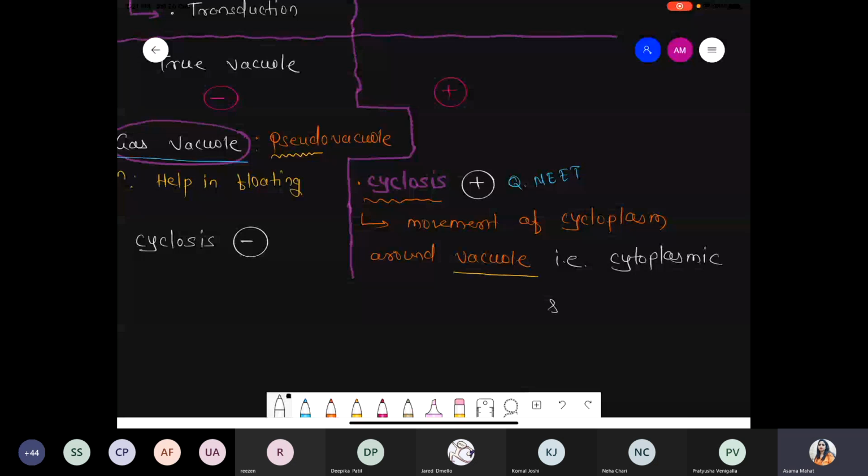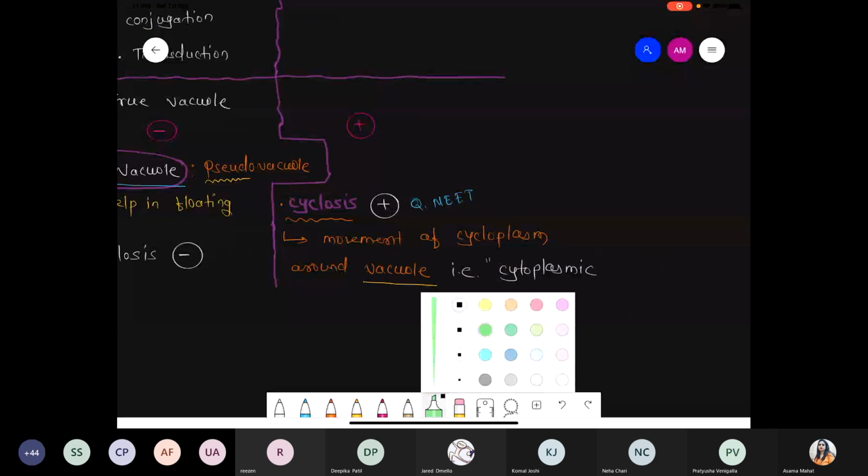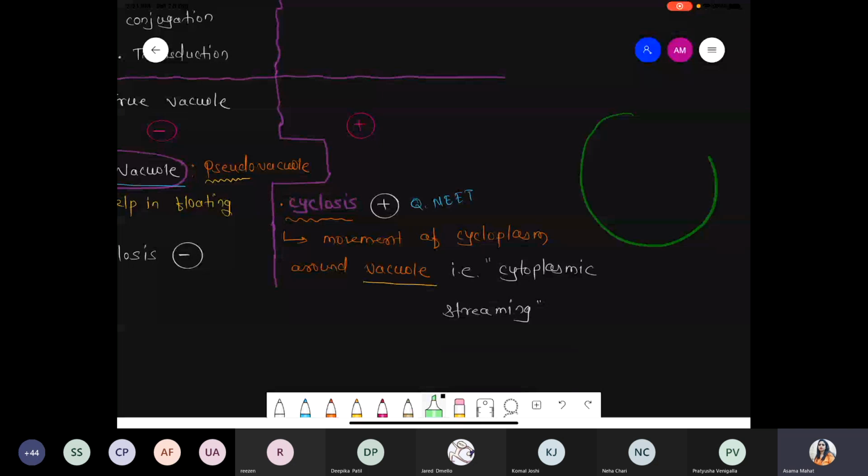So quickly we take the diagrammatic representation of how it exactly looks. Suppose this is a cell, one plant cell. Inside the plant cell, you know very well, maximum area is occupied by the vacuole. So suppose this is the vacuole.